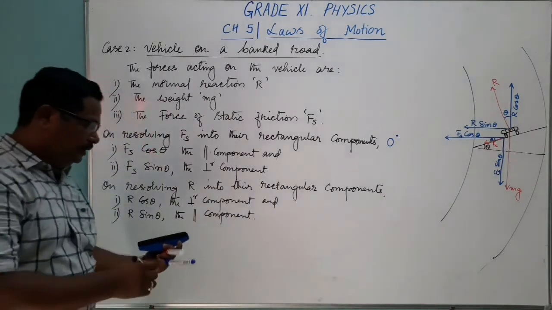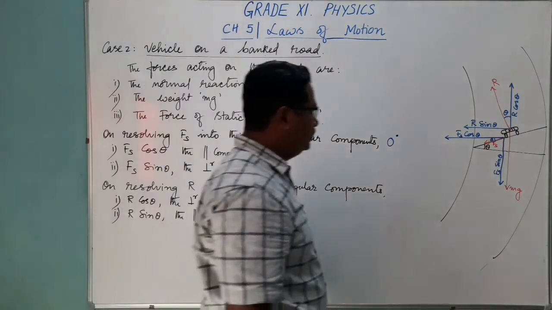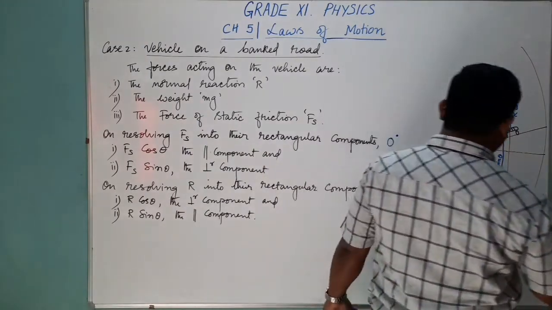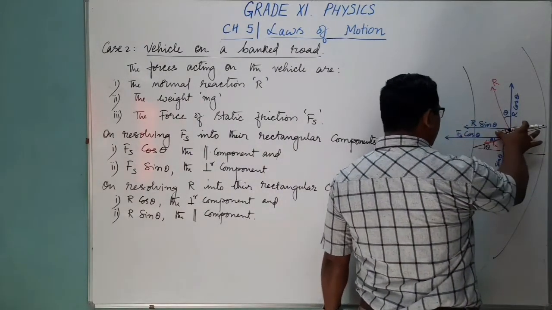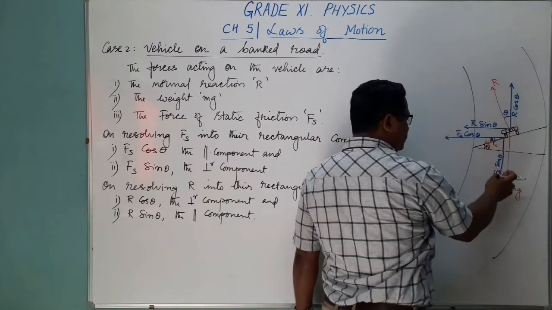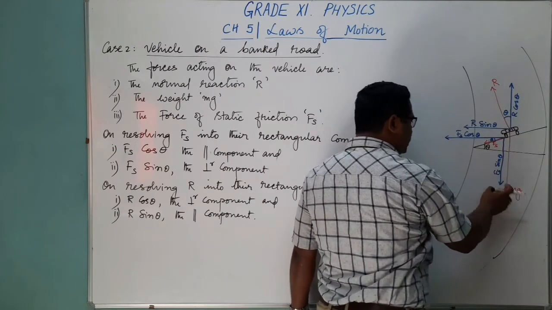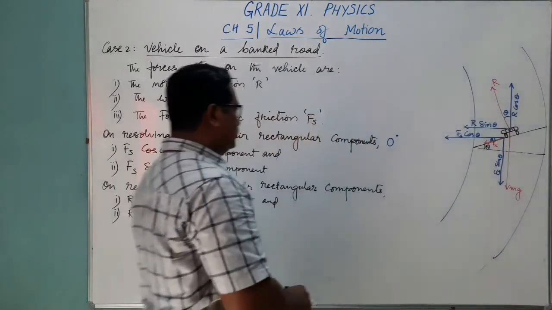After you resolve it, as there is no vertical motion of the car, R cos theta will be equal to the sum of Fs sin theta and mg together.